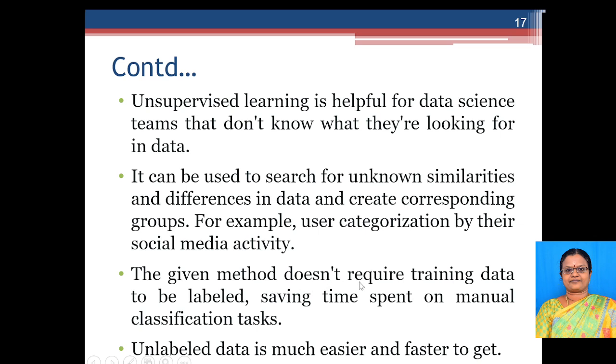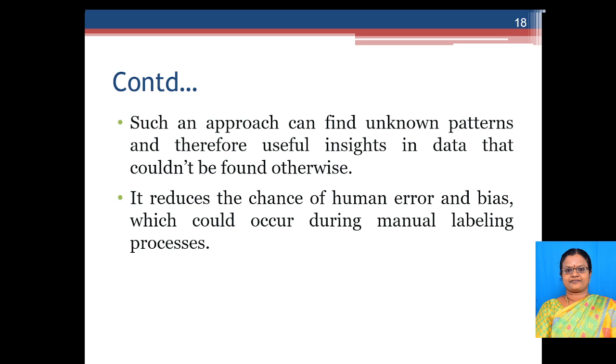The given method does not require the training data to be labeled, thereby saving time. Unlabeled data is actually much easier and faster to access. Such an approach can also find unknown patterns, like hidden patterns, and therefore useful insights in the data that could not be found otherwise.